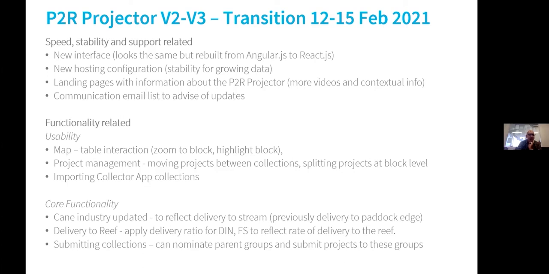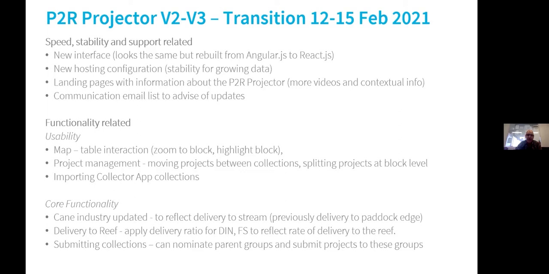There's been a cane industry update, and I'll step through each of these three in a bit more detail now. The cane industry update reflects delivery to stream. The previous version had just effectively load delivery to the paddock edge, and there was no attenuation between the paddock edge and the stream.